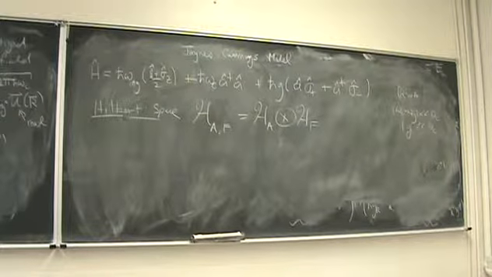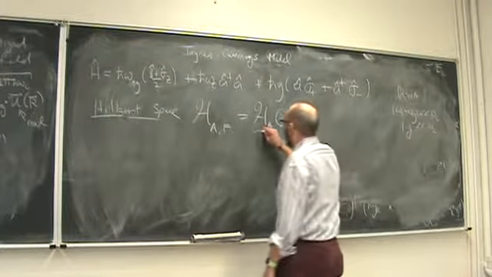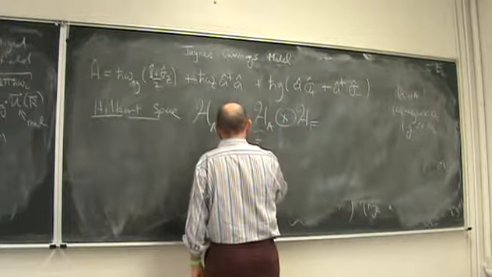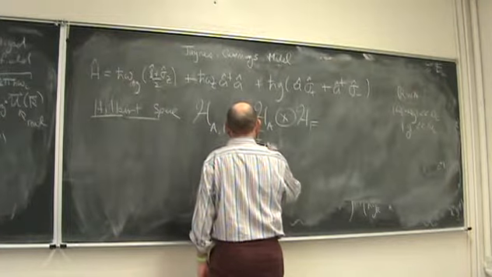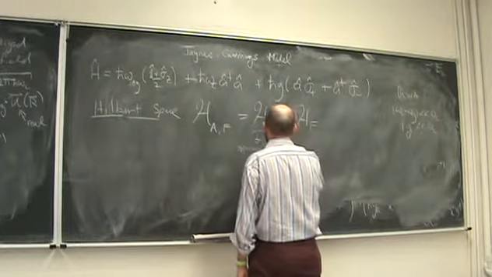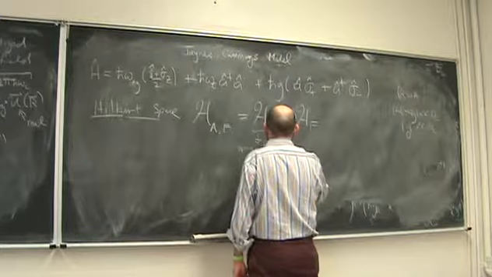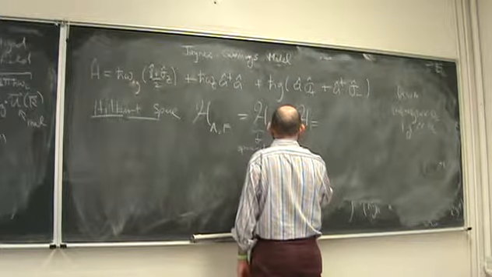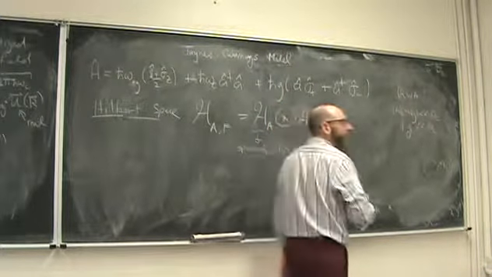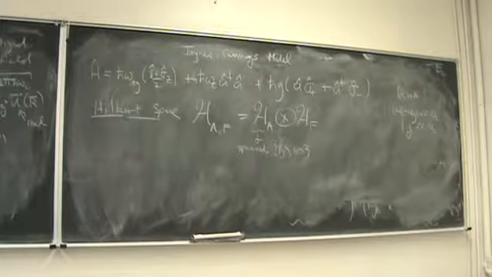Each degree of freedom has its own Hilbert space. If I have a two-level atom, that space is spanned by ground and excited. It's a two-level Hilbert space. It's the space of the qubit that we've talked about before. It's on the Bloch sphere. Okay.